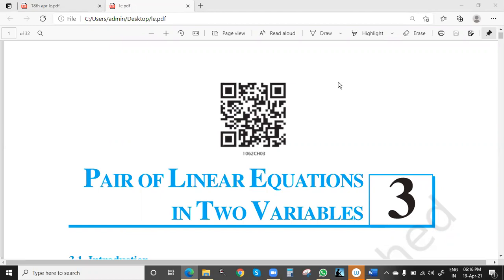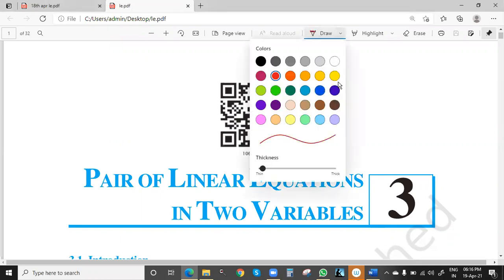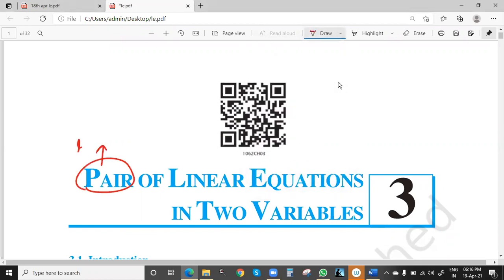See, what do we mean by pair? Anyone having any idea? Pair means two. So we can say two linear equations in two variables. We have a linear equation in one variable, 2x plus 5 equal to 0.